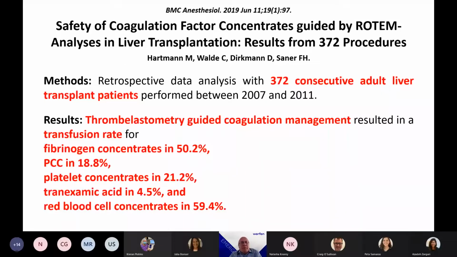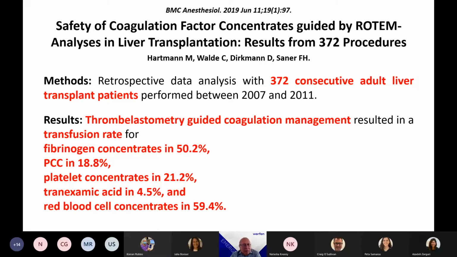This is a study from my institution in Essen, where they analyzed more than 370 consecutive adult liver transplant patients. And they were looking at the transfusion rates. About 50% get some fibrinogen concentrate during liver transplantation. Prothrombin complex concentrate is much lower, less than 20%.